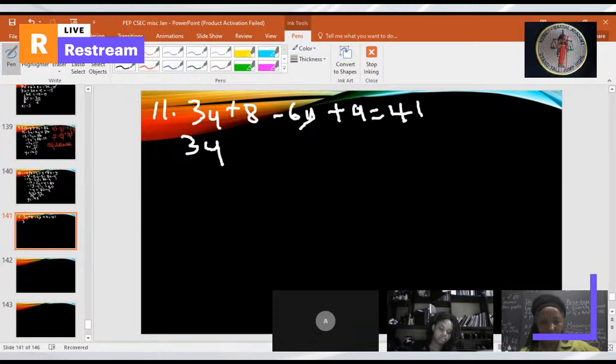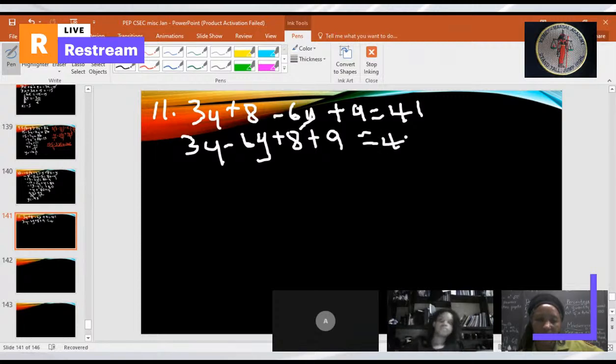So we have 3y minus 6y, and then plus 8 plus 9 equals 41. All right, so when we combine the 3y and the 6y, Miss, we get negative 3y, and 8 plus 9 would give us positive 17.